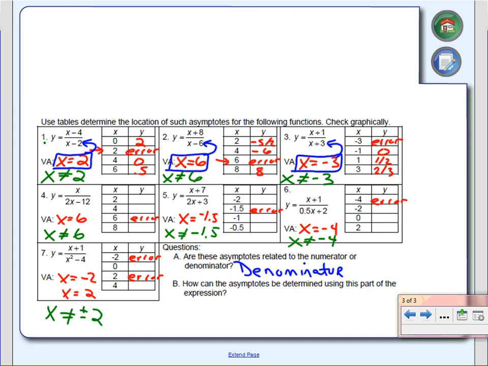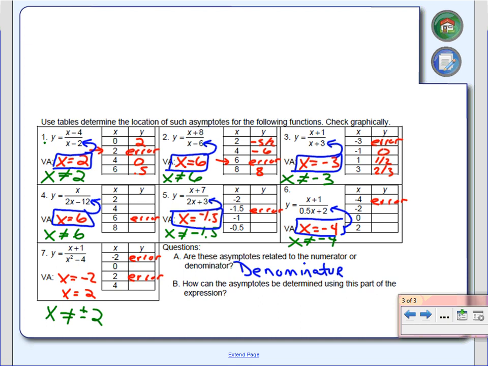Now, number 1, 2, and 3, yes, it's just the opposite. But if you look at 4, 5, and 6, look what we have here. Are we just doing the opposite here? Is it just the opposite? No. A little more complicated than that. So down here at the bottom, B, where it says, how can the asymptotes be determined using this part of the expression? In other words, how can we use the denominator to find that vertical asymptote?